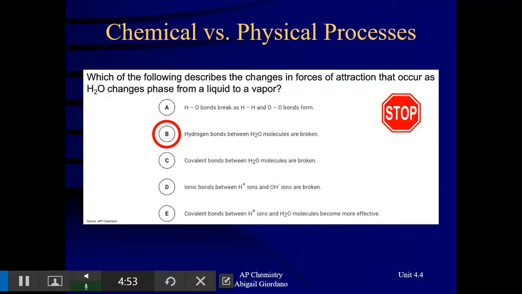Hydrogen bonding as an intermolecular force isn't really a bond. It's just a force of attraction. So this is definitely a physical change because we're going through a phase change, and intermolecular forces are what is being broken.